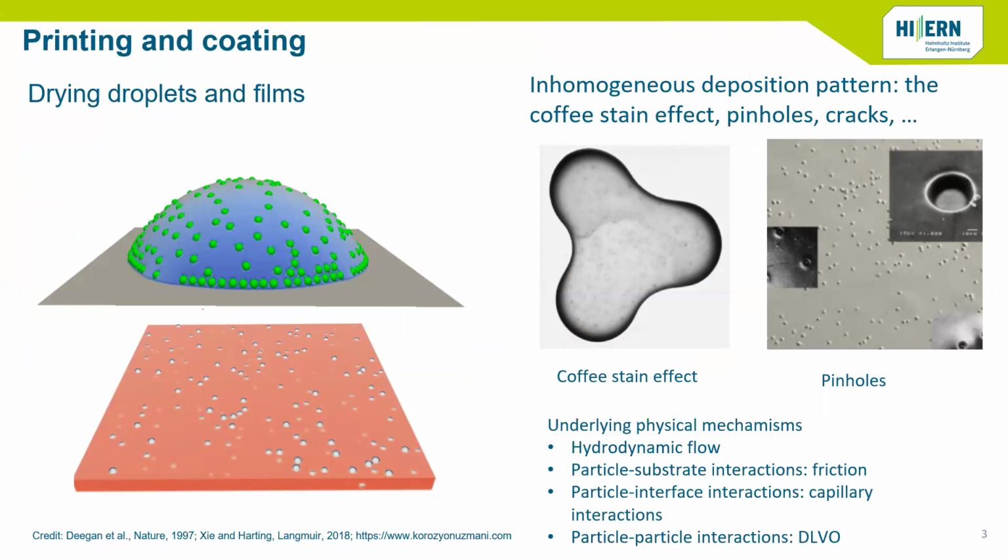After drying of the solvents, the functional materials are deposited on the substrate with some defects. For example, the well-known coffee stain effect: after drying a coffee drop on the table, you can see more particles accumulated at the edge of the deposit. This is driven by capillary flow inside the droplet. Also, by drying of film, there can be pinholes on the substrate.